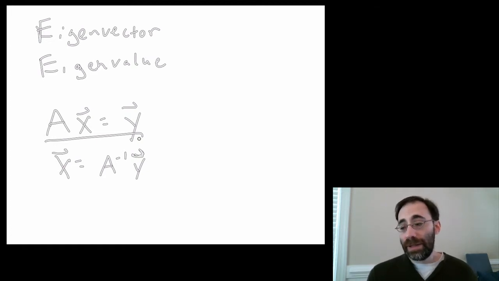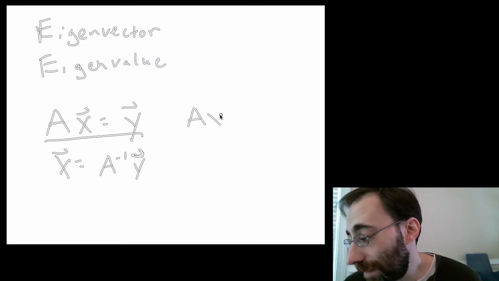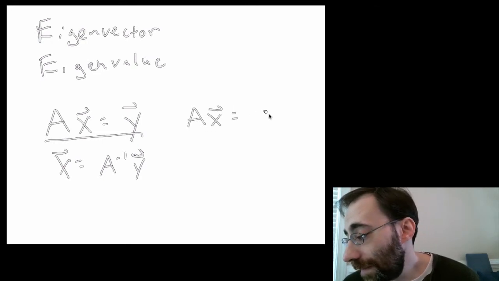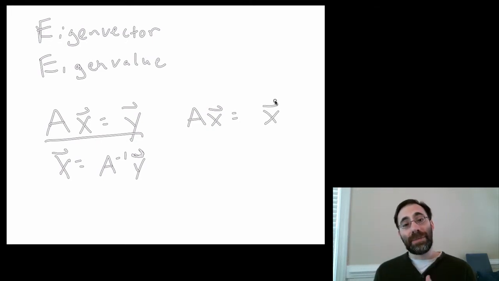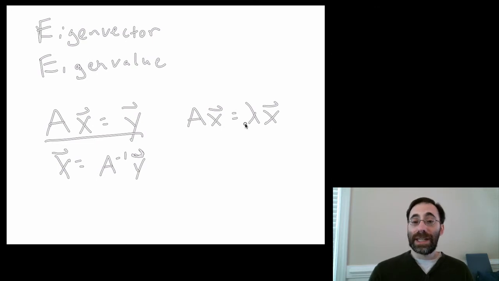So in other words, it takes some vector like this and puts it back in the same direction, although maybe extended or flipped or contracted. You can change the size of the vector and maybe the direction in terms of forward or backward along that line, but you keep it along the line.